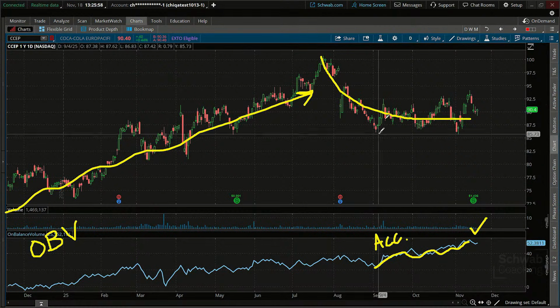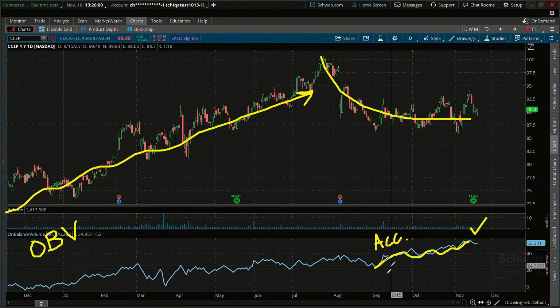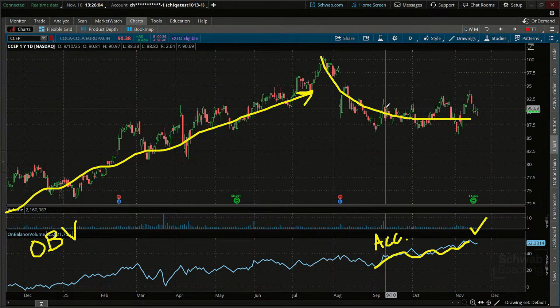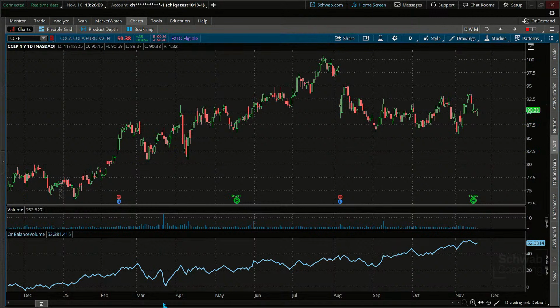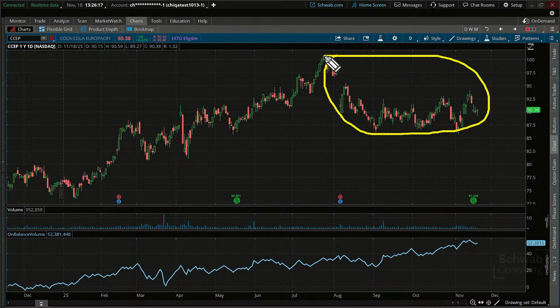So on the days up, they're buying more, right? On the days down, when you close lower, conversely, you take that volume and subtract it, they are selling more or selling less. So if we take this range up here and we say that's a consolidation in a longer term trend, what's happened? Have we been getting more buying or more selling?